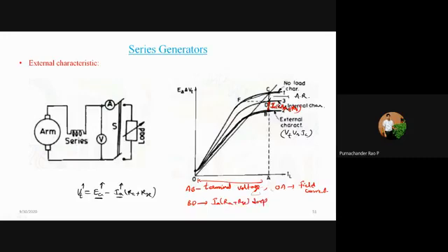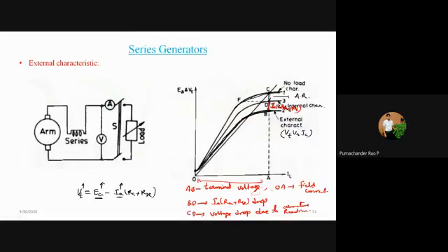And CD is the voltage drop due to armature reaction. So these are the characteristics.